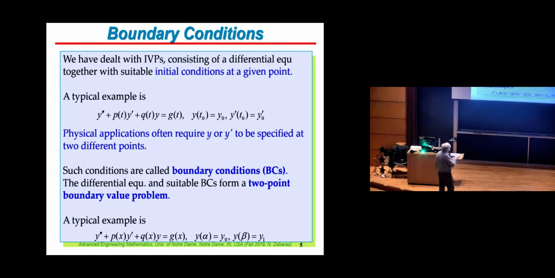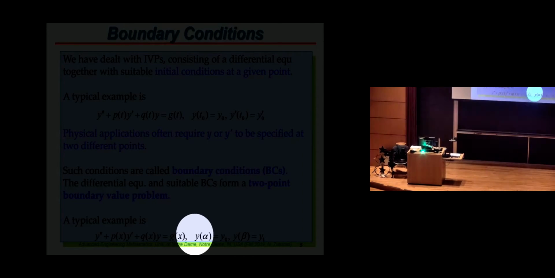Still, the equation looks similar to this, but notice I have two boundary conditions. If you think of a rod, one end is at x equal a, another end is at x equal b. I'm going to provide the solutions of the differential equation at those two ends. These are my boundary conditions.